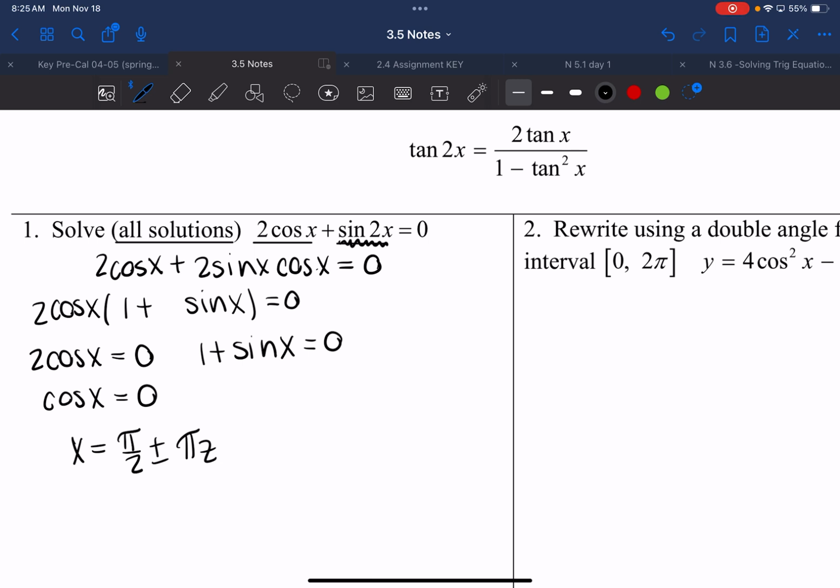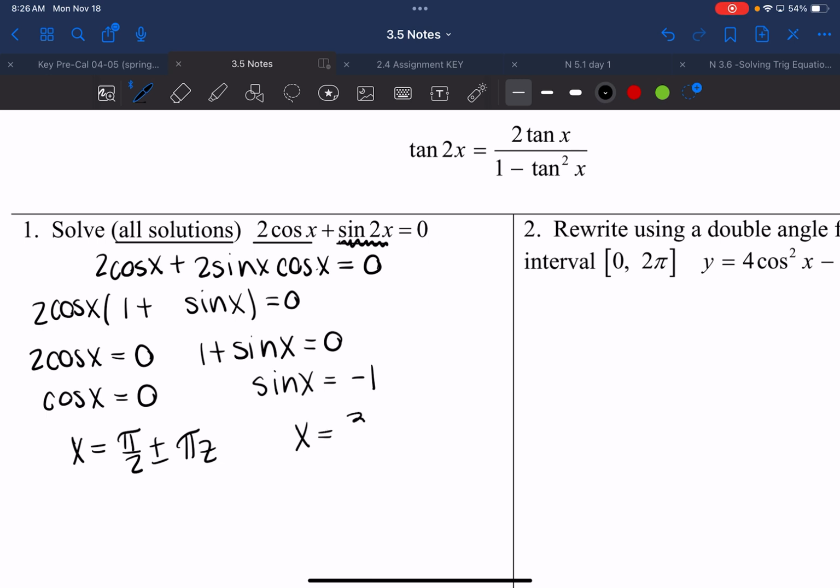Now we're going to do the same with that second factor. So how do I solve that second piece? Subtract 1. All right, so sine of x is equal to negative 1. Well, sine is y over r, right? R is always a positive 1, so we must be looking for where y is negative 1. Where is that at? 3 pi halves.